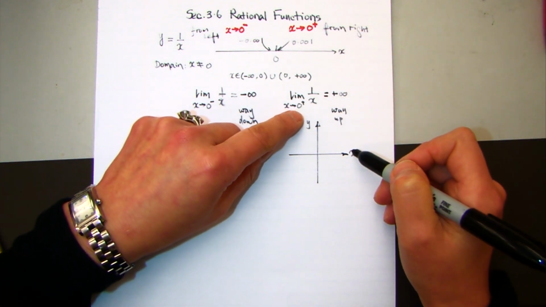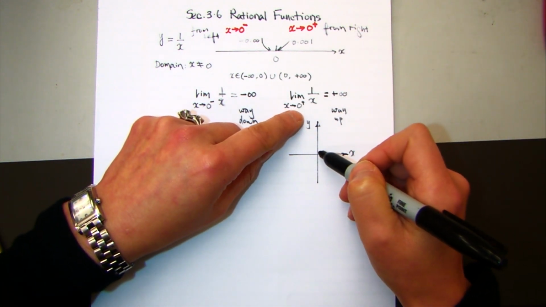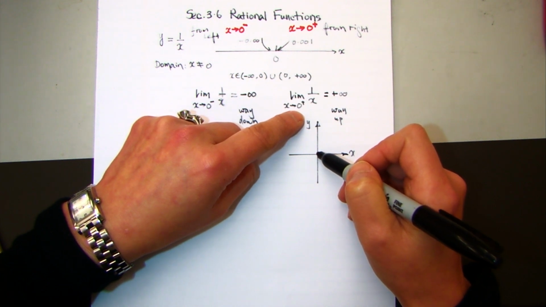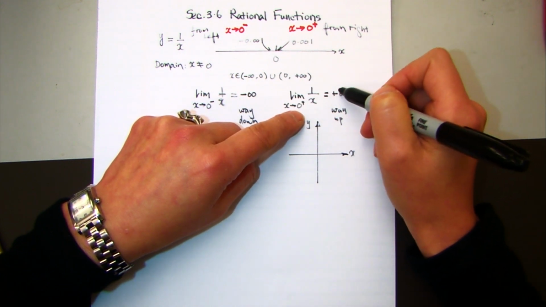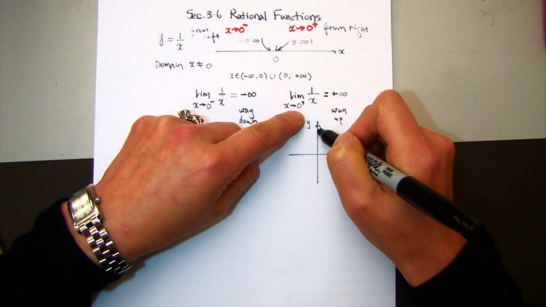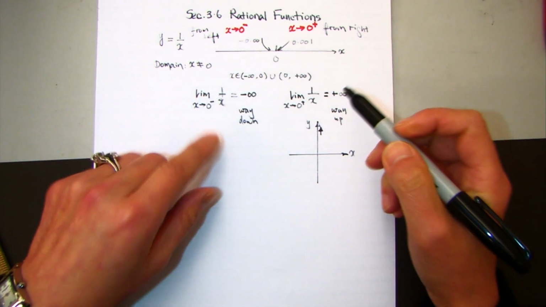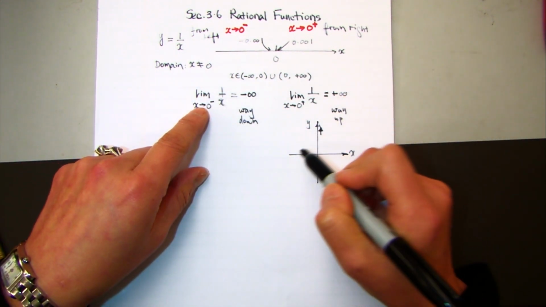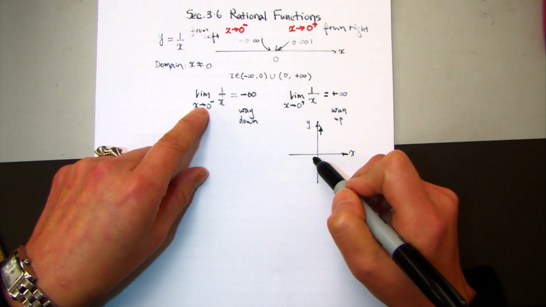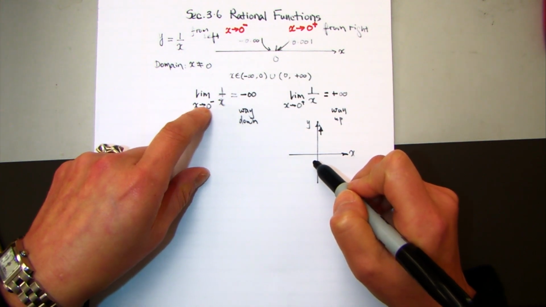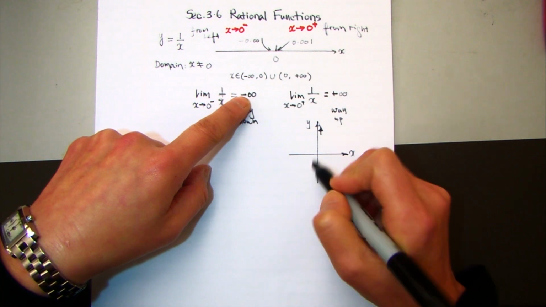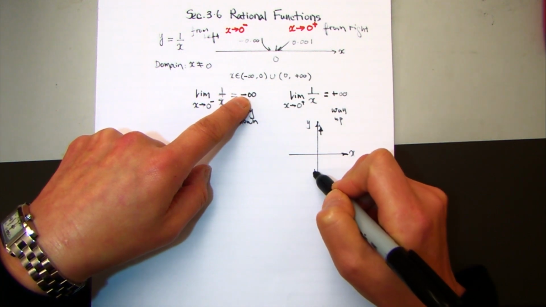You are coming to 0 from the right-hand side, but not really touching 0, just getting really close, and the y value shoots up to the sky. If you're coming to 0 from your left-hand side, y value is negative infinity, way down.